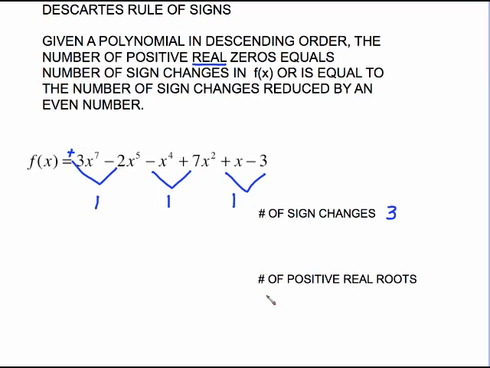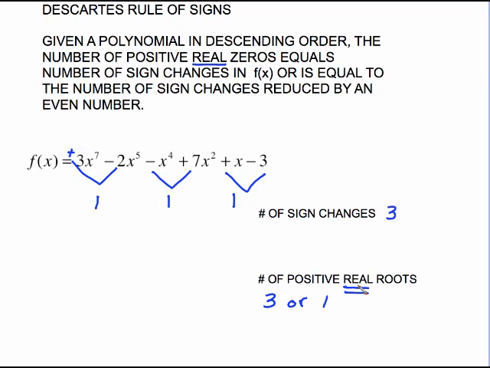That means there are 3 positive real roots, or, let's look at that second part, the number of sign changes reduced by an even number. Well, I can reduce 3 by 2 and get 1. It wouldn't help me to reduce 3 by 4 because that would give me a negative number. So this polynomial has 3 or 1 positive real roots.